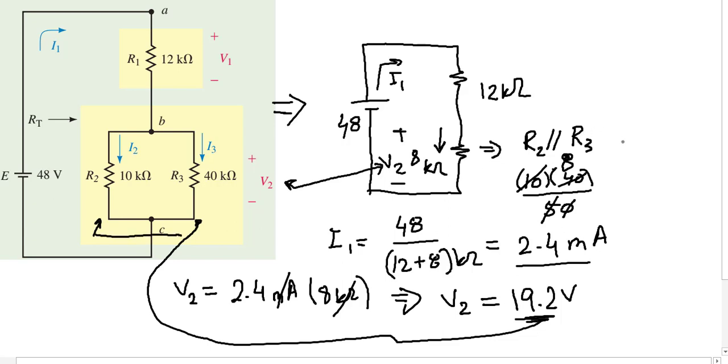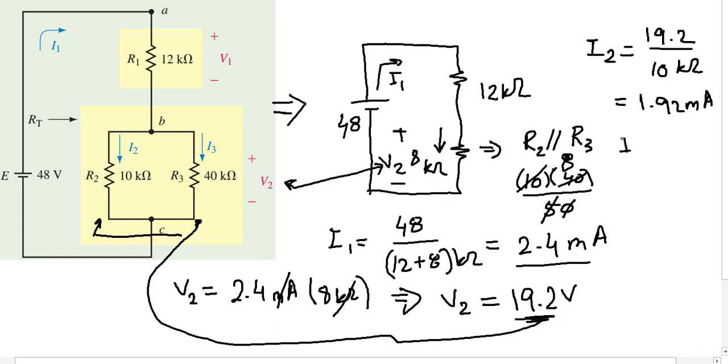So what is I2? I2 equals the voltage across R2 divided by R2. So it is 19.2 divided by 10 kilo ohms, and that is 1.92 milliamps.